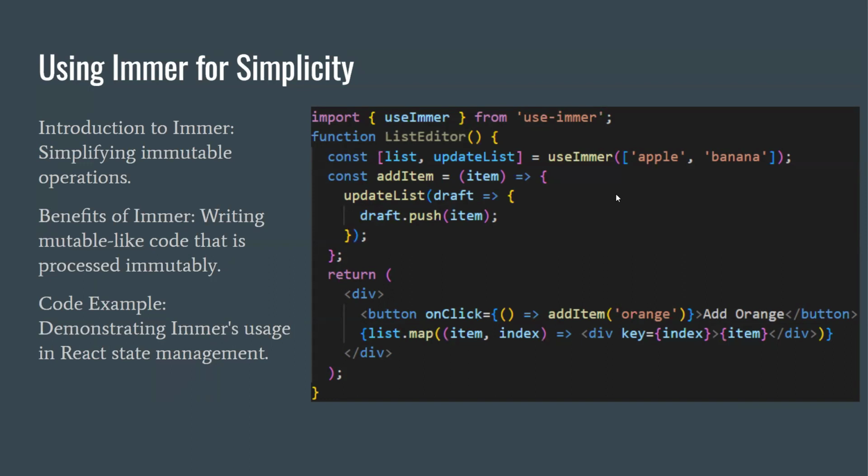For example, if you look at this code, we have this list editor component, and we're using Immer instead of useState.